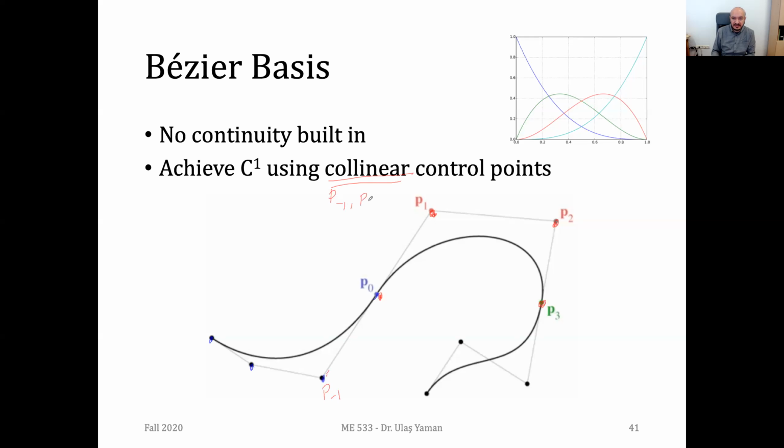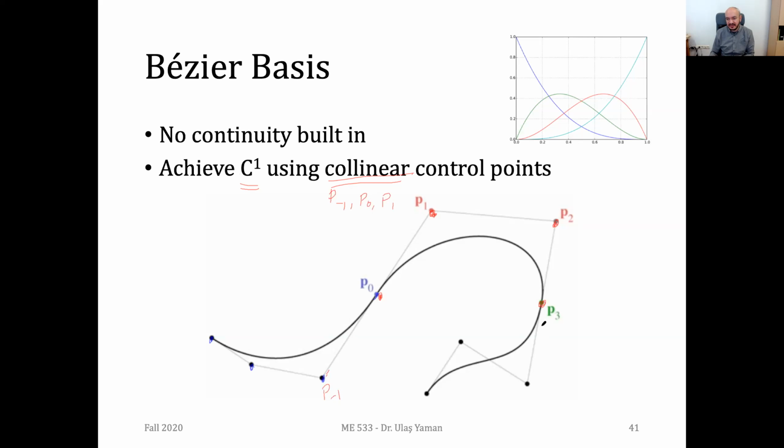With the help of this property, we can obtain C1 continuity. Otherwise, it's not possible, since we are not dealing with starting or ending tangents in Bezier curves. That's why we have such a tricky way of obtaining C1 continuity, by putting all these control points on the same line.